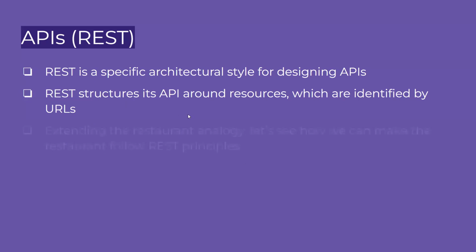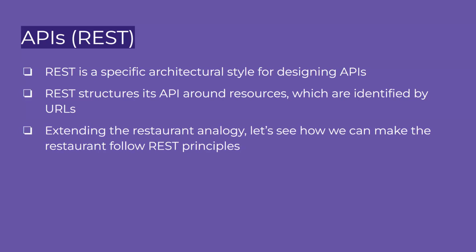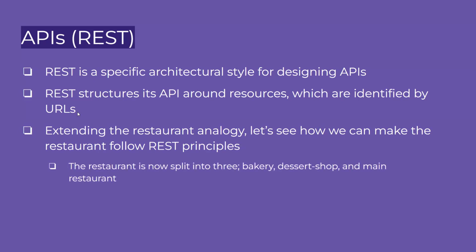So let's extend this restaurant analogy and see how we can make the restaurant follow REST principles. So let's say now the restaurant, we've split it up into 3 parts. There is now a bakery, a dessert shop, and of course we still have the main restaurant that handles the rest of the meals.